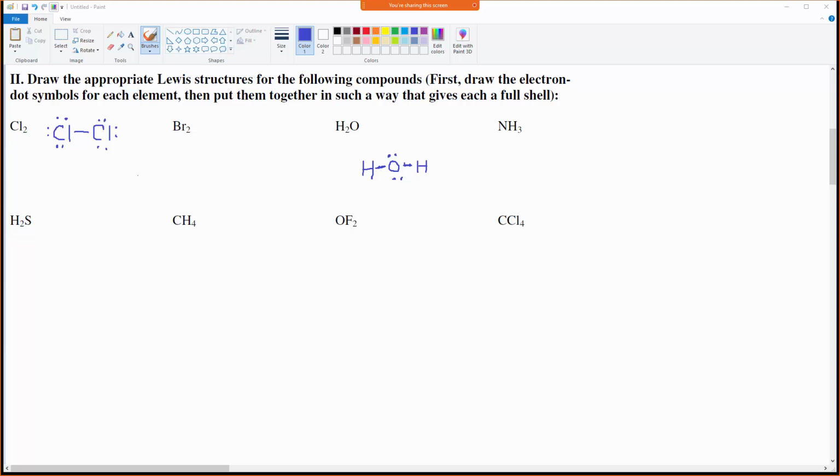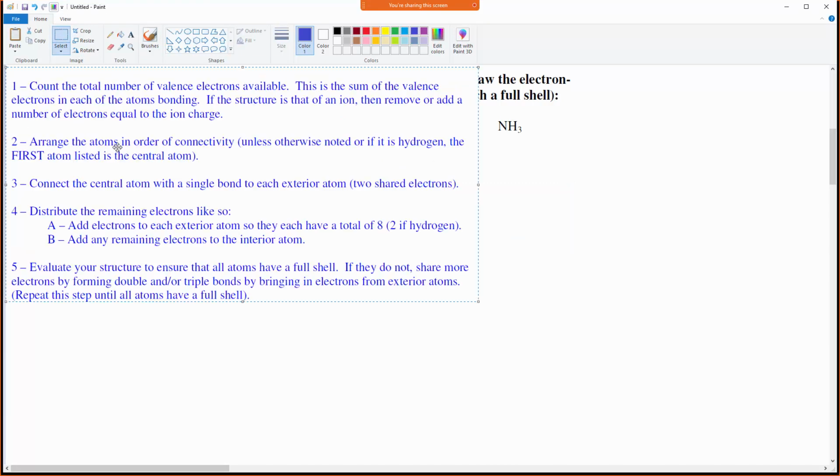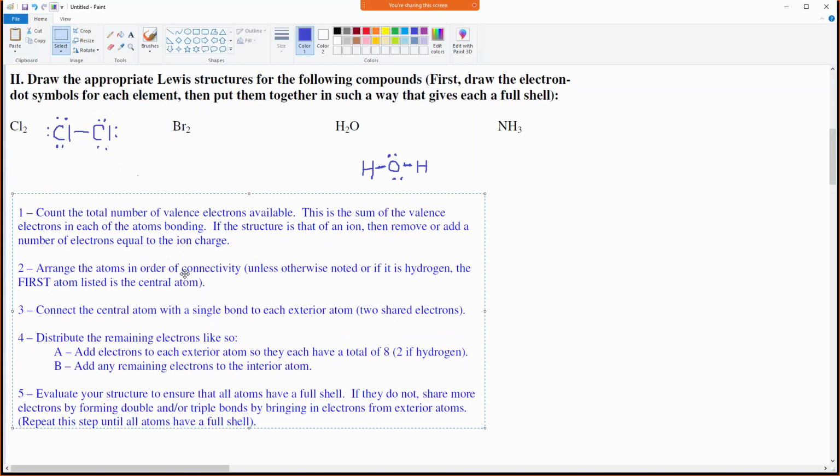I'm going to copy and paste them here, and you're going to want to memorize these rules, because the deal is, if you memorize these rules and you follow them, then you will always be correct. And I think that's valuable to you guys, right? You guys want to always be correct on your Lewis dot structures, even when they're tricky and complicated? Yes, yes you do. Okay, so let's look at these rules.